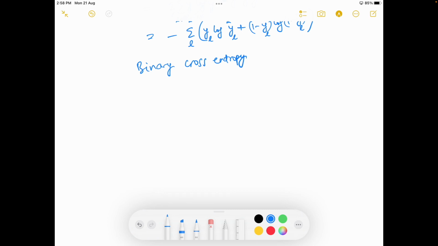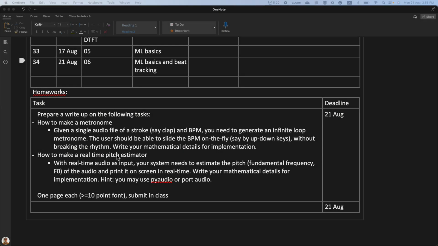Now, we will have some lesson on beat estimation. How do I tell you? Okay, let me first continue with this.